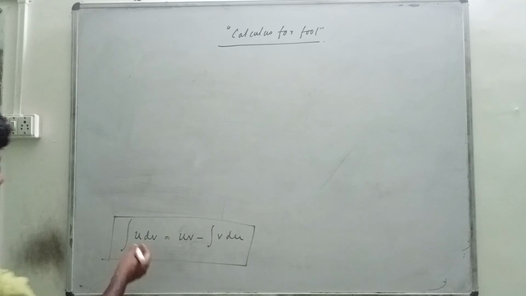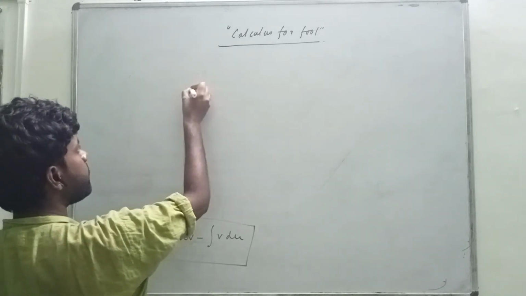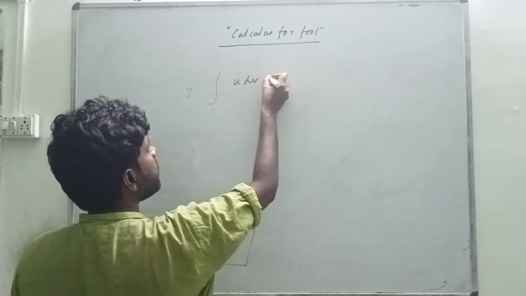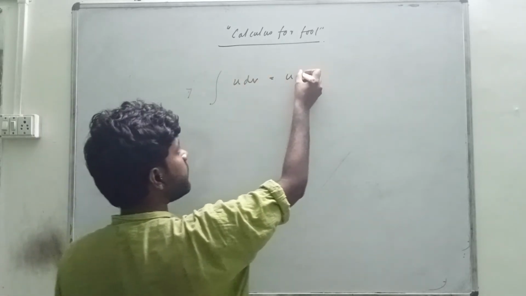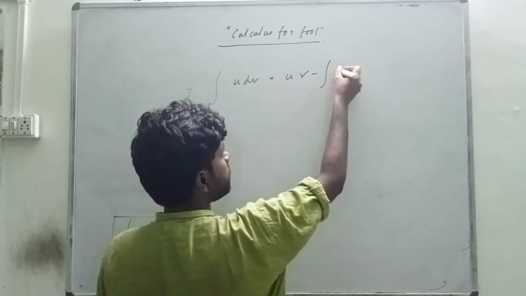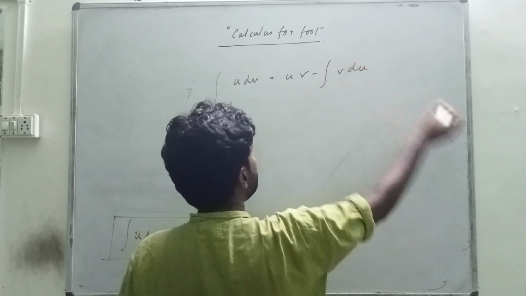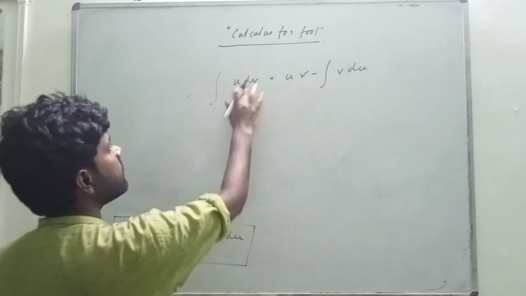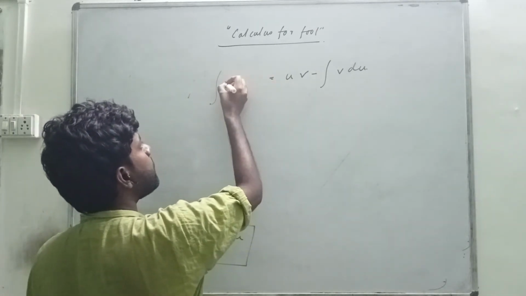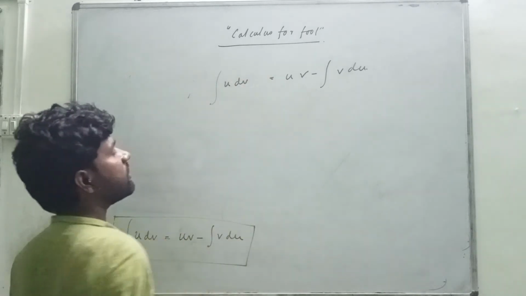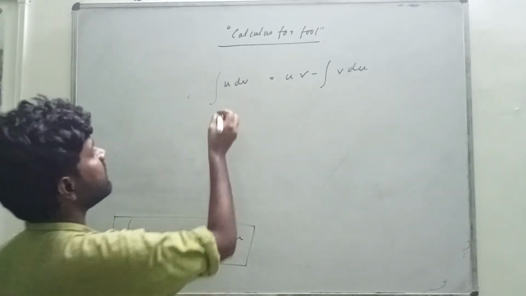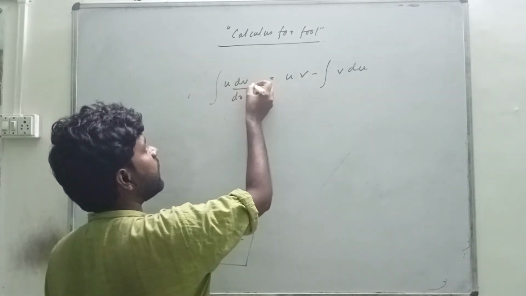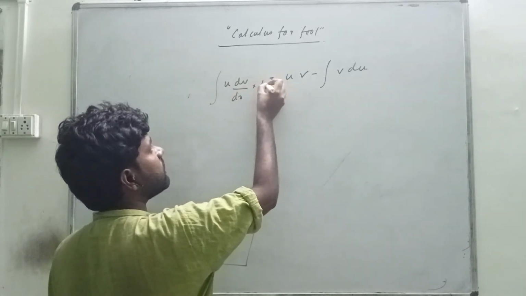So from here, the integral of u dv equals uv minus the integral of v du, right? Here is the u dv. Just divide by dx, and by correction, multiply by dx, right?